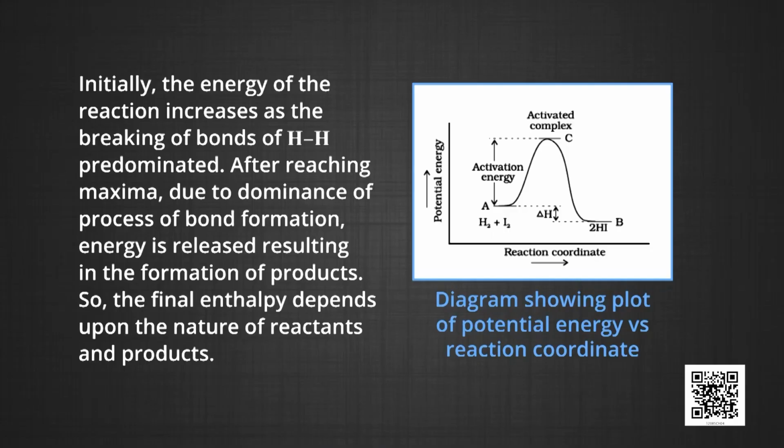Initially, the energy increases as the breaking of the H-H bonds predominates. After reaching the maximum, due to the dominance of the process of bond formation, energy is released, resulting in the formation of the products. So, the final enthalpy of the reaction depends upon the nature of the reactants and products.